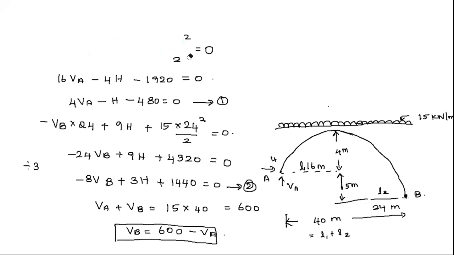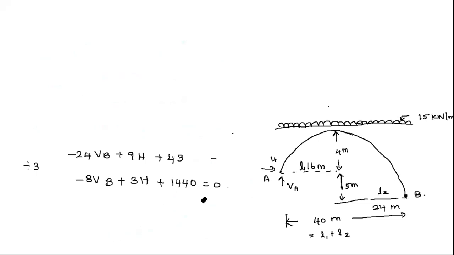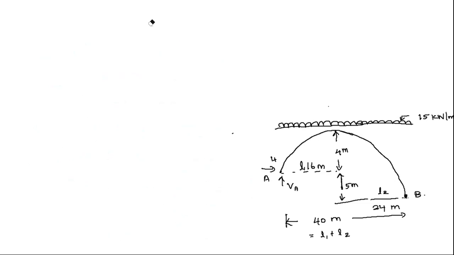Minus 8 into 600 minus VA plus 3H plus 1440 is equal to 0.